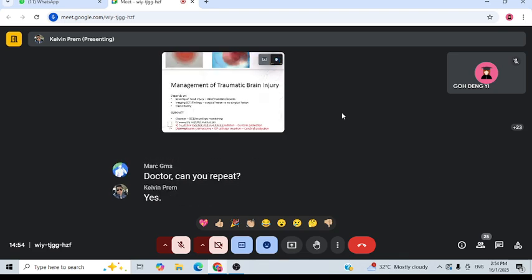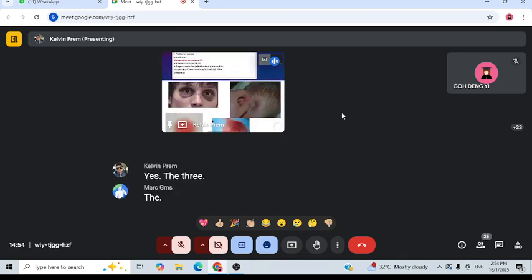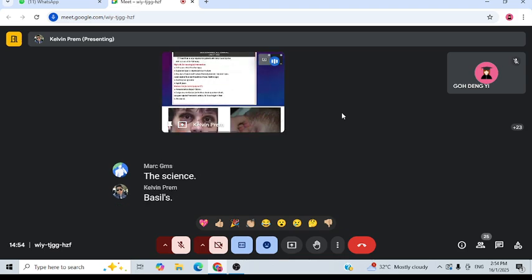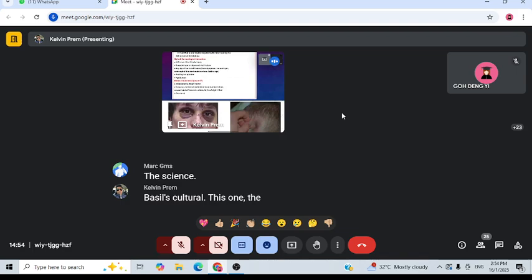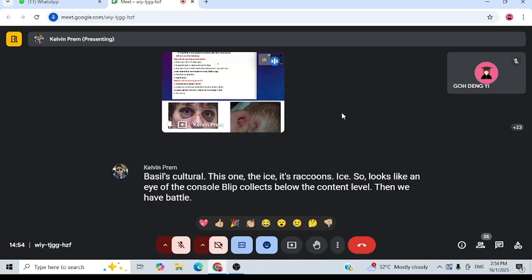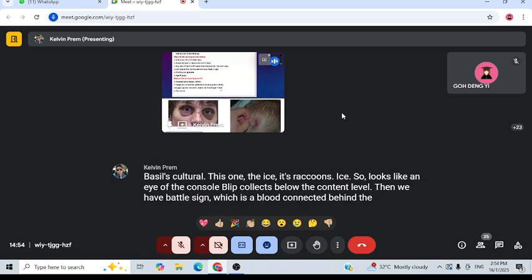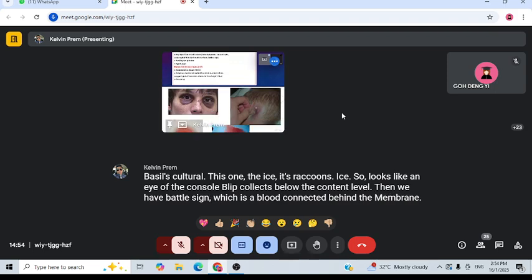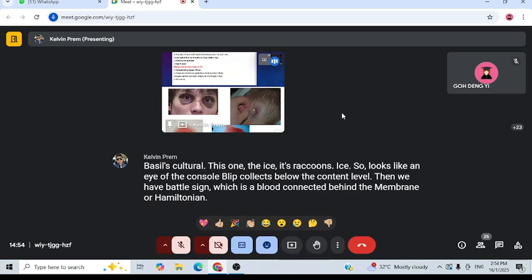Doctor, can you repeat the three signs of basal skull fracture? This one, the eyes, it's raccoon's eyes. It looks like the eyes of a raccoon, where blood collects around the eyes. Then we have Battle sign, which is blood collected behind the tympanic membrane, or hemotympanum.